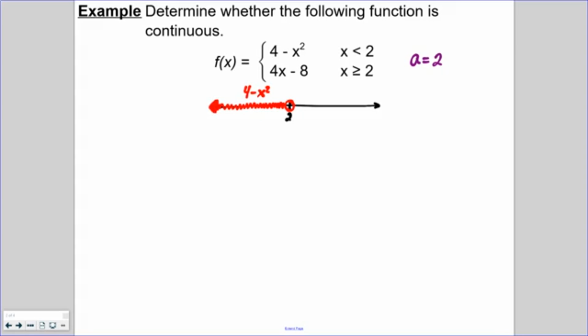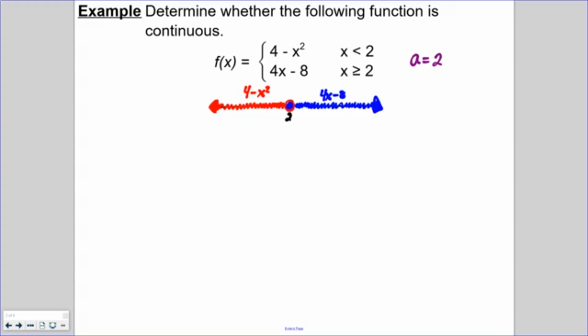And when x is greater than or equal to 2, since it's equal to 2, we'll put the closed circle at the 2, and then we'll shade in everything that's greater than 2, which is to the right. And that set of x values will be 4x minus 8.